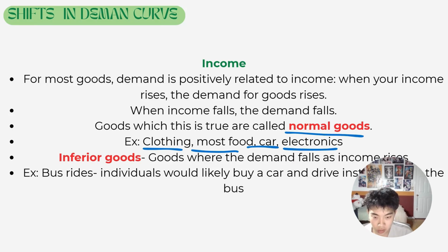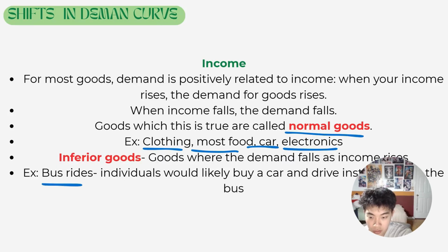While inferior goods are goods where the demand falls as income rises. So normal goods are goods where demand increases as income increases.